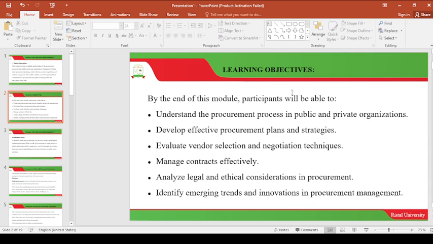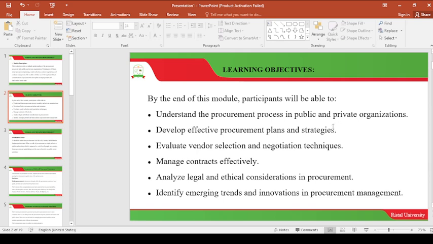Well, let's continue to the learning objectives. By the end of this module, our students will be able to understand the procurement process in both public sector and private sector organizations. The students will also be able to develop effective procurement plans and strategies for the organizations or companies they are working in, be it in the private sector or the public sector.